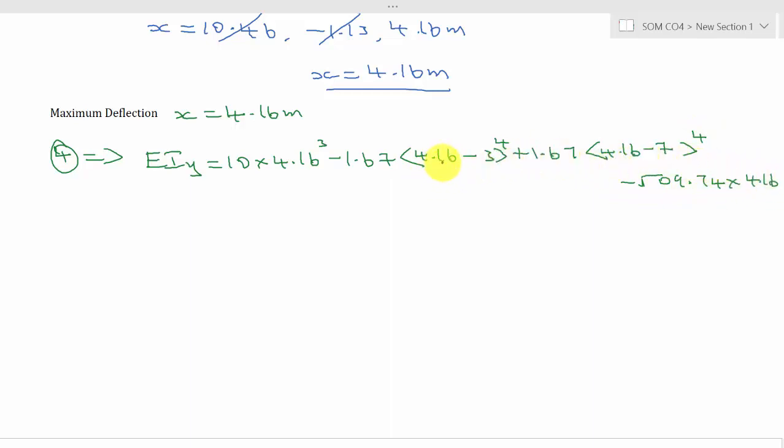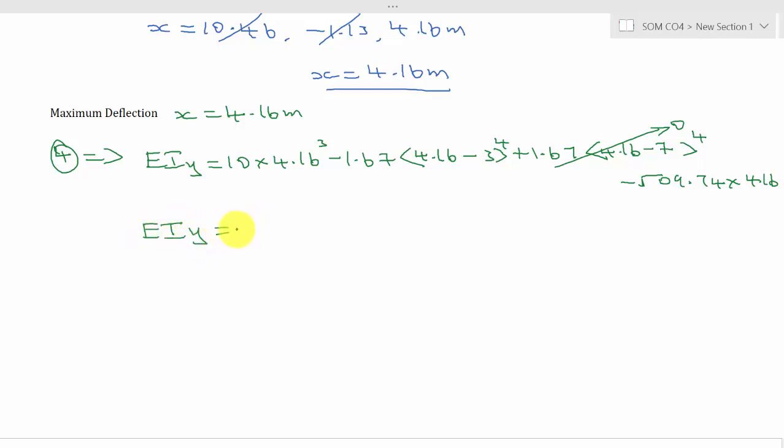So here in this Macaulay's bracket, you will get the positive value, so no problem. Here in this Macaulay's bracket, the negative value will come, so neglect the whole term. So consider the remaining terms and calculate the EIY value.